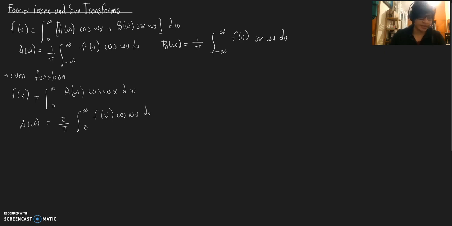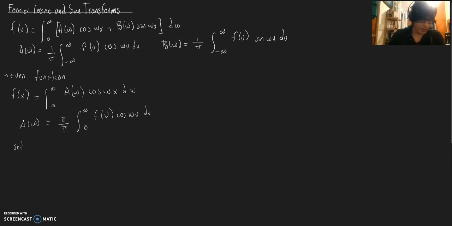This is an even function. We have a different representation of A(w) that was from minus infinity to infinity. However, as this is an even function, we can consider just half of the integral bounds, from 0 to infinity, and multiply it by 2, and we will obtain the same value of the integral here, considering again that this is an even function.